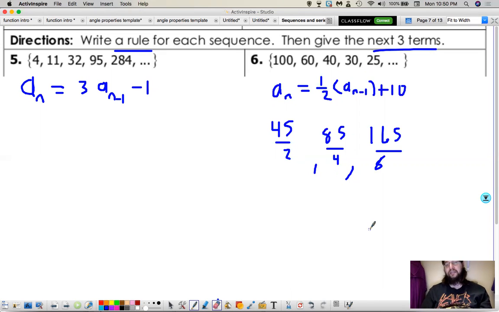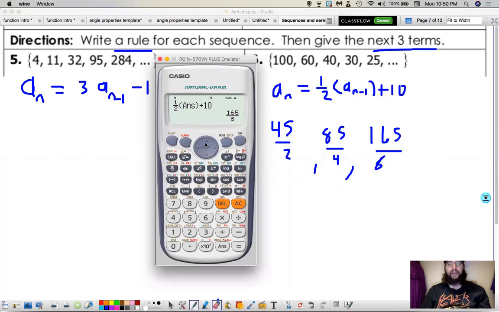Let's see if we get the same thing using our complicated formula. I don't know, we could get something different. 25, and then the number for that would be 30. We get the same thing. 25.